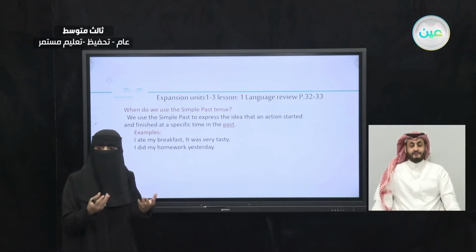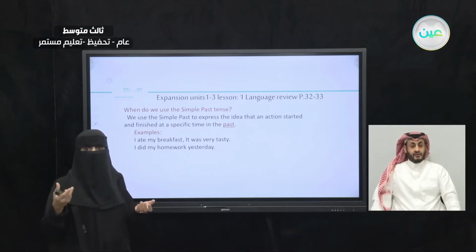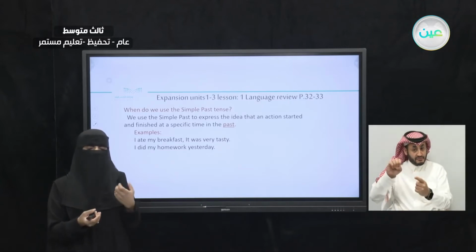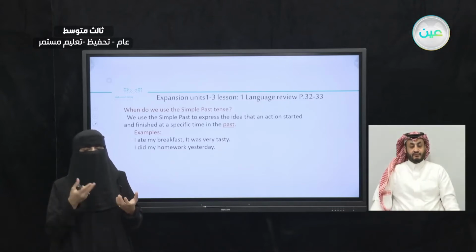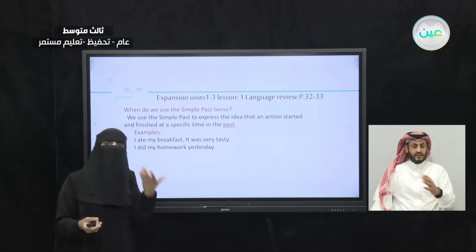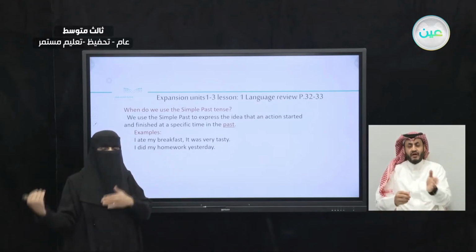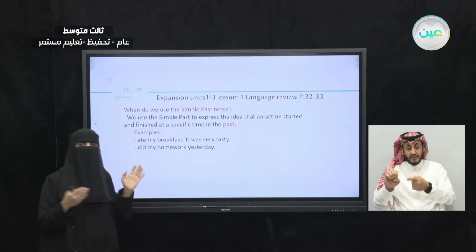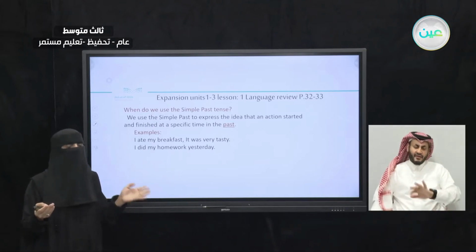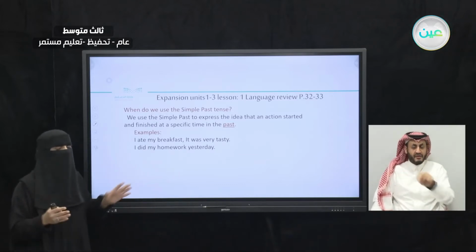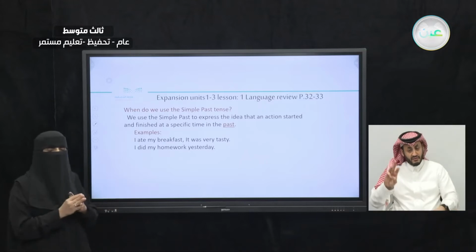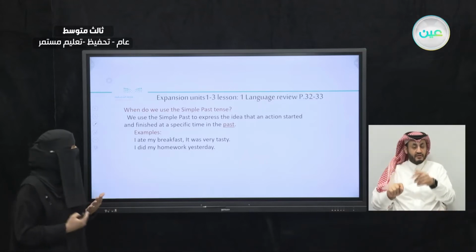So we sometimes have the verbs with ed for the regular, and also we have the irregular, like go, it will become went. So I don't say I go or I goed, la, I will say I went. This is not new information. This is basically what we covered.